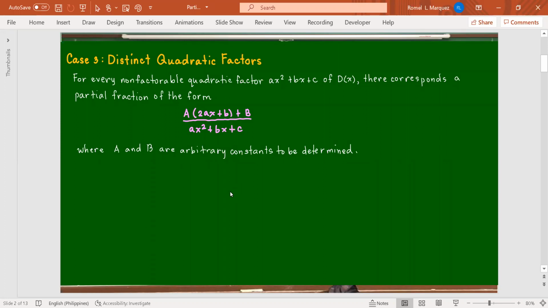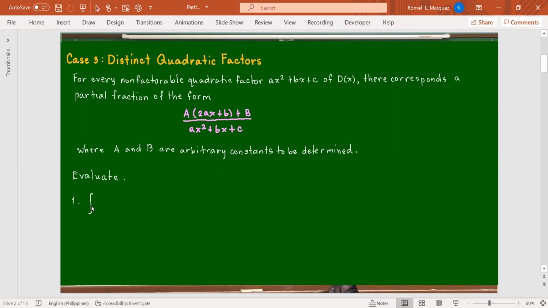So let's have particular examples. Let's have the first one. Let's say we're asked to evaluate the following integrals. Number 1.